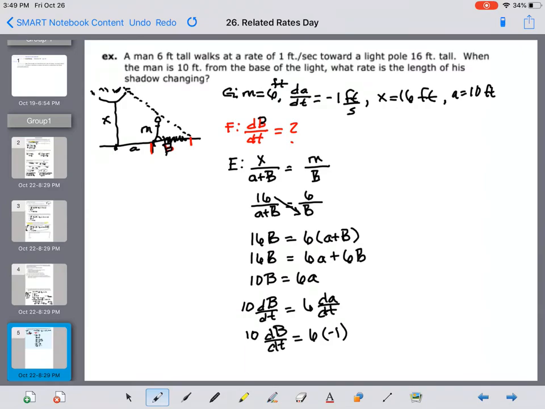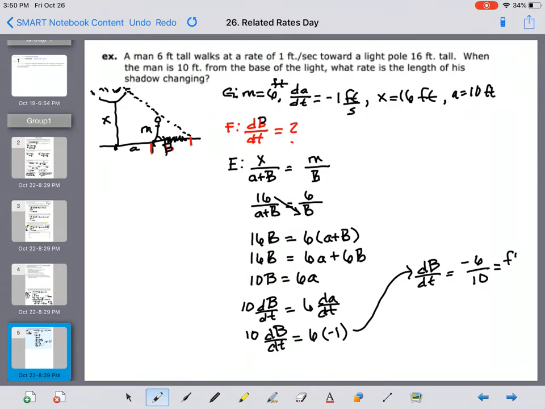So I'm coming up here so I don't run out of room. Our dB/dt is equal to -6 over 10. Now I didn't use units and I apologize for that, but let's talk about what B is. B represents the length of the shadow, which means my length is measured in feet.